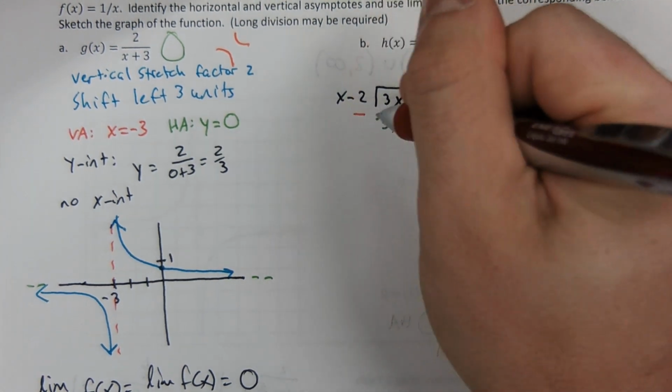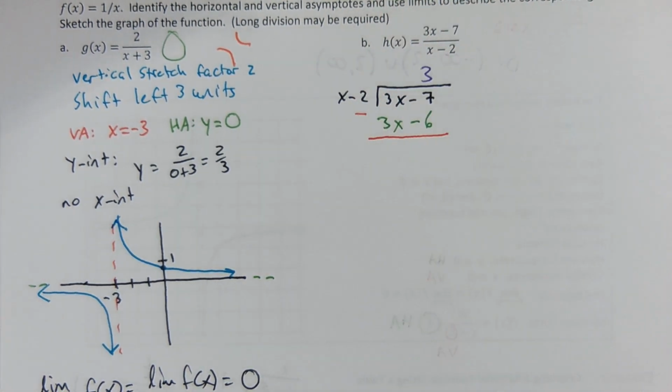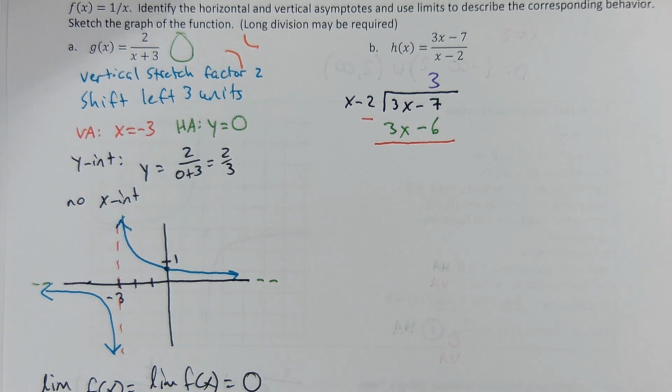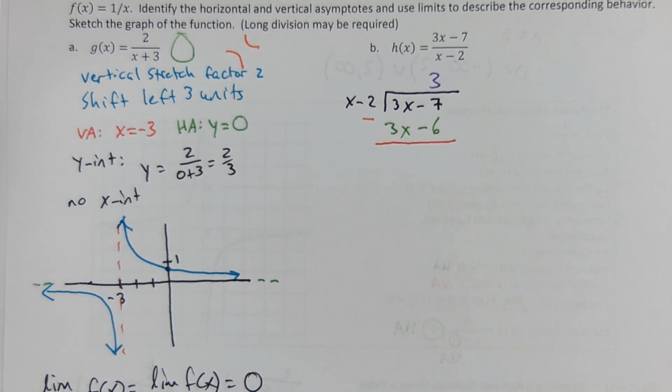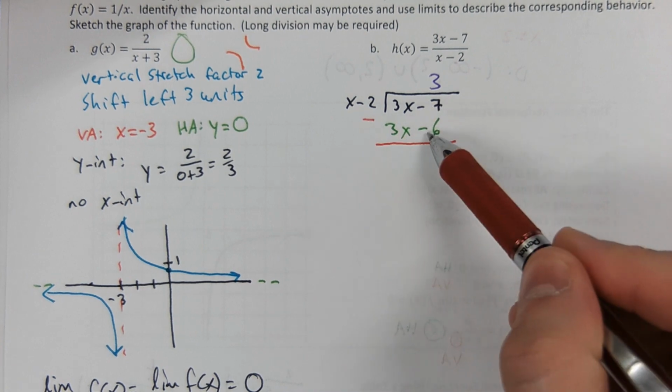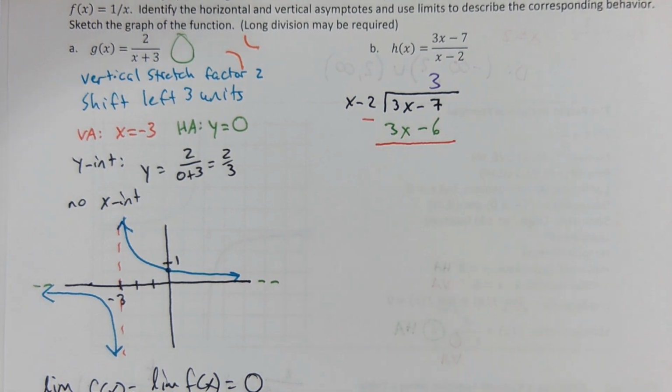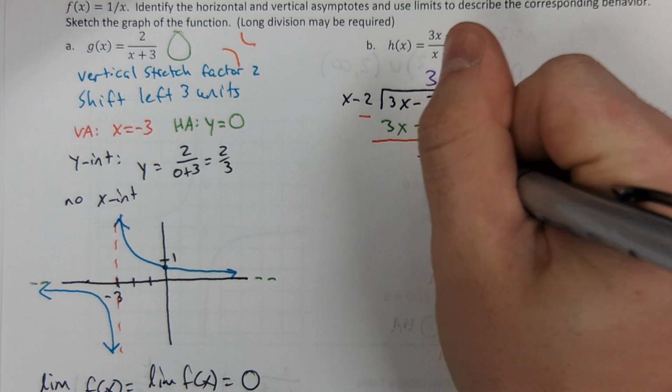Long division requires us to subtract straight down. Three x minus 3x is 0. That's good. Please remember that when you do minus negative, you're actually adding. So this says negative 7 minus negative 6, which is actually negative 7 plus 6. I have a remainder of negative 1.